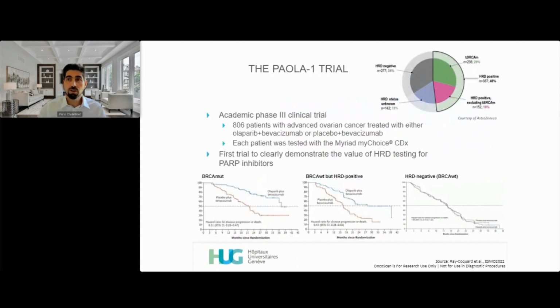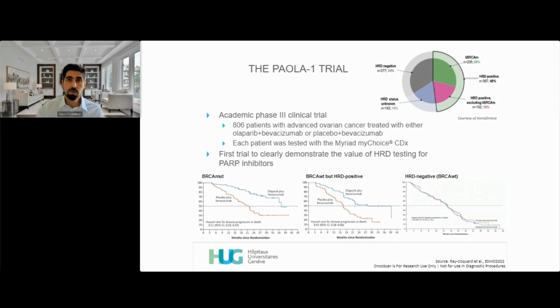Now, the PAOLA1 trial is very interesting because it was one of the first trials to really clearly demonstrate the value of HRD testing for PARP inhibitors. It was composed of 800 patients treated with olaparib plus bevacizumab or placebo and bevacizumab as a maintenance treatment post-platinum therapy.